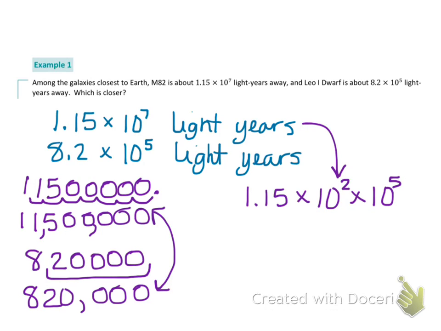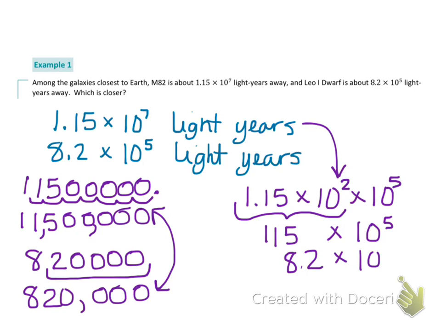Okay, so then I can rewrite this. 1.15 times 10 squared is, when I move the decimal place 2 places, 115 times 10 to the 5th. And the other number, by comparison, is 8.2 times 10 to the 5th.